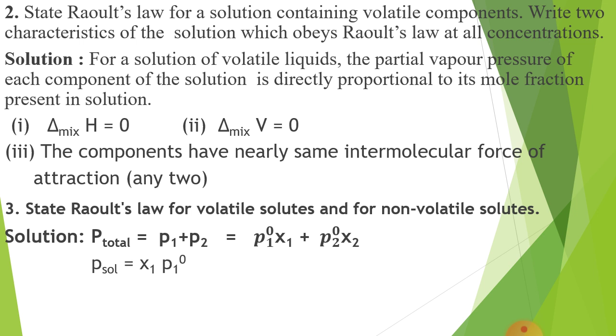For a solution of volatile liquids, where the components are volatile, the partial vapor pressure of each component of the solution is directly proportional to its mole fraction present in the solution. So this is the statement of Raoult's law.